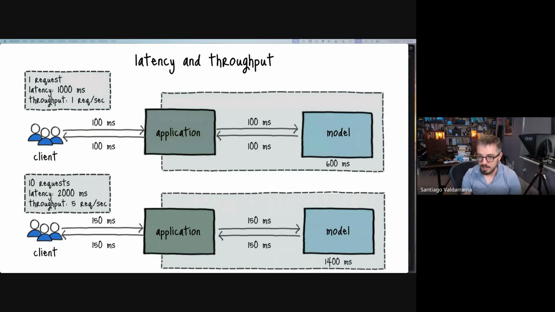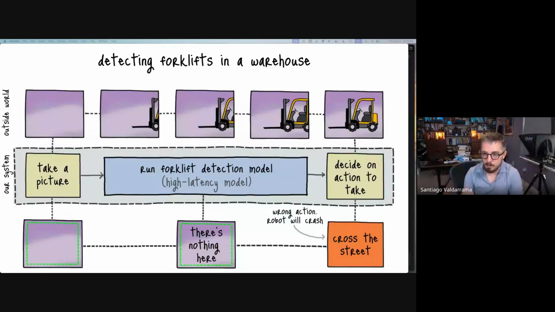So why are these important? Because every time you design a system, when you deploy a model, you need to take into account what is the latency, what is the throughput, how can I structure this system in a way that feels fast? I don't know if you guys have tried to use a large language model without streaming.